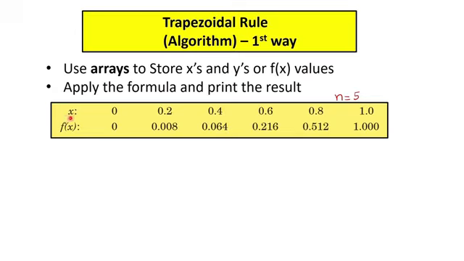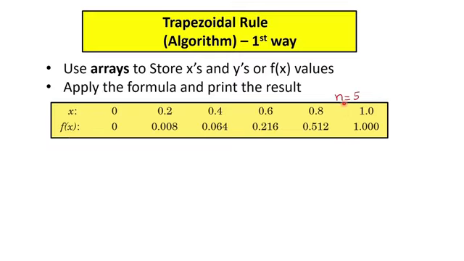These are our x values: 0, 0.2, 0.4, and so on. And the values of y are these f(x) values: 0, 0.008, and so on. You can see how many values correspond to x and y. Corresponding to x, we have a total of 6 values: 0, 0.2, 0.4, and so on till 1.0. And the same 6 values correspond to f(x), or the y's.